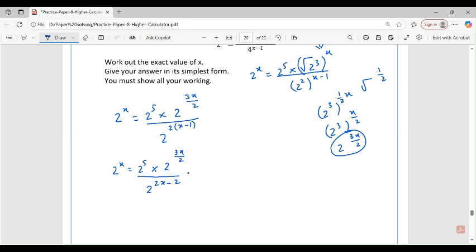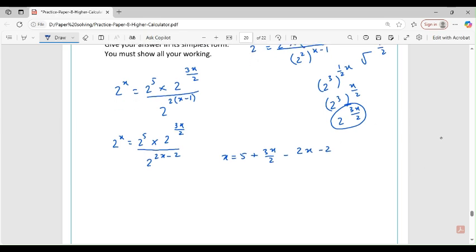Now all the values are in the same base, so we know very well we can write in addition and subtraction. So I will write x is equal to 5 plus 3x over 2 minus 2x minus 2. Since all the bases are the same, I have ignored that.